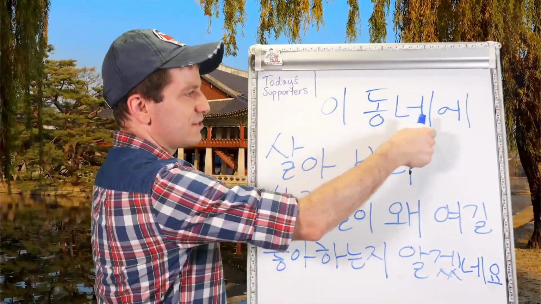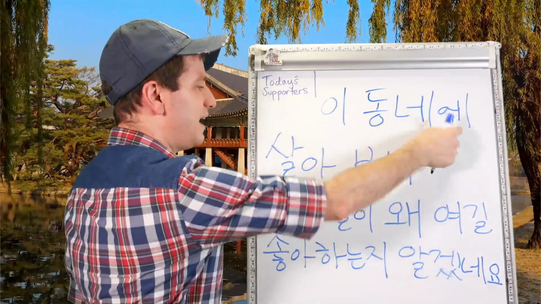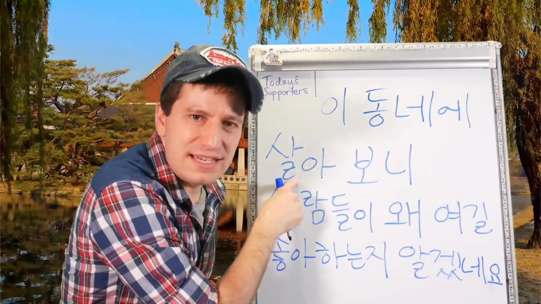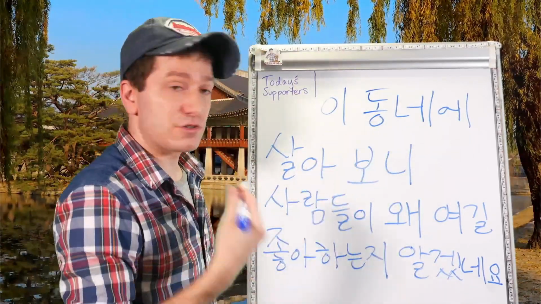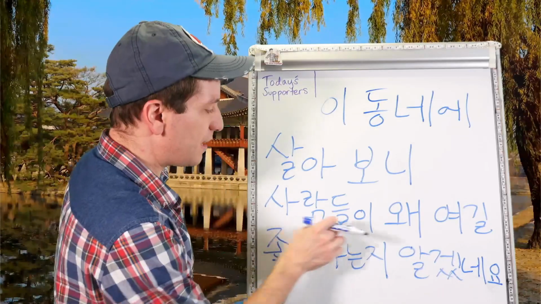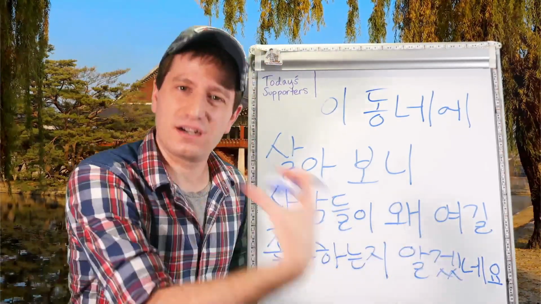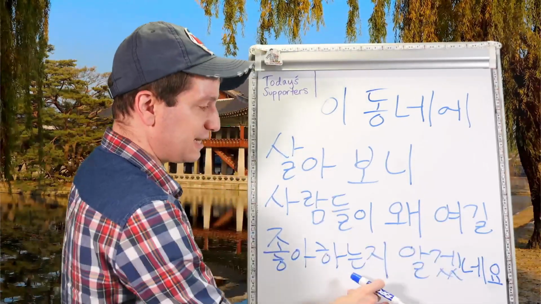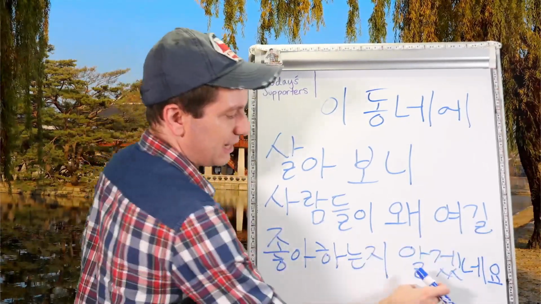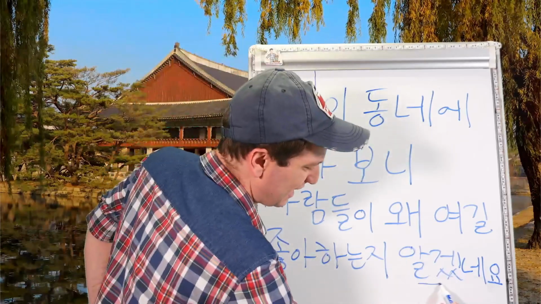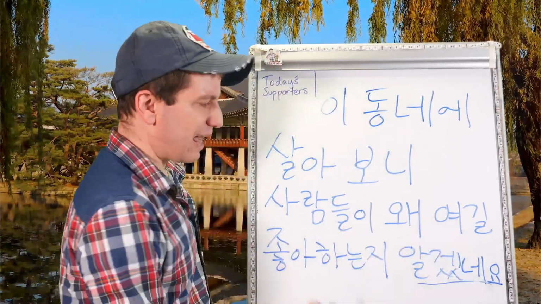이 동네. So this neighborhood. 이 동네에 살다. To live in this neighborhood. So 살아보니. So after living in this neighborhood for a while, 사람들이, people, 왜, why, 여기를. So here, 좋아하는지, 왜 여기를 좋아하는지 알겠네요. So I understand now why people like here.